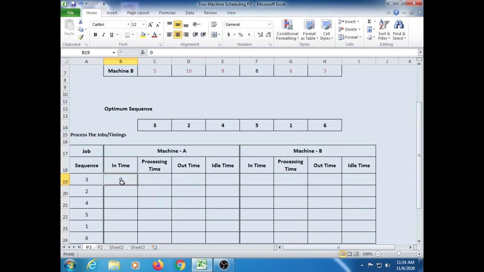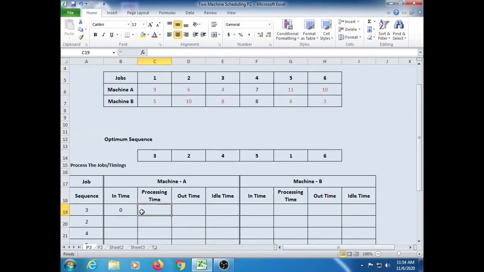So at 0 time I am processing the first job, that is job 3. What is the processing time of job 3 on machine A? In the problem we have that value. The job 3 machine A processing time is 4. So that 4 we have to write here.